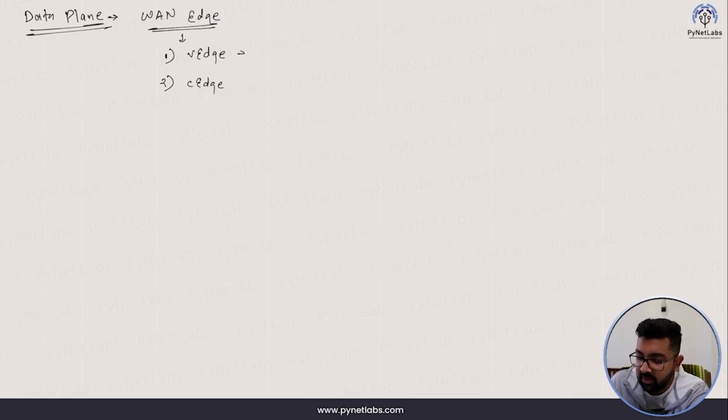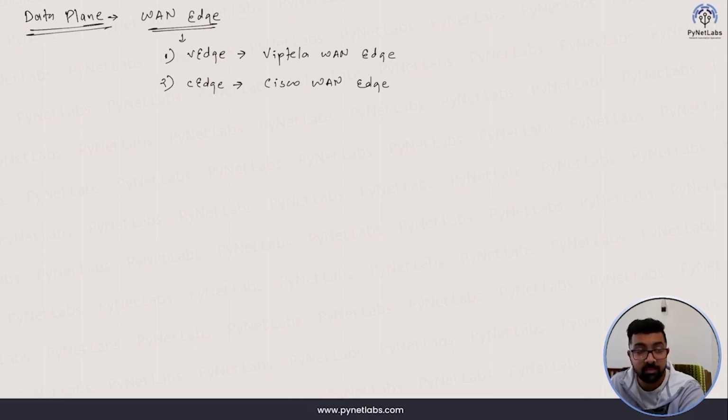If we speak about vEdges, then we refer to Viptela WAN edge devices, which means the devices manufactured by Viptela, and they run the Viptela operating system. cEdge, however, is manufactured by Cisco. So we have Cisco's WAN edge devices that can be part of the fabric acting as the data plane, and those are going to run the IOS operating system, IOS XE to be very specific.